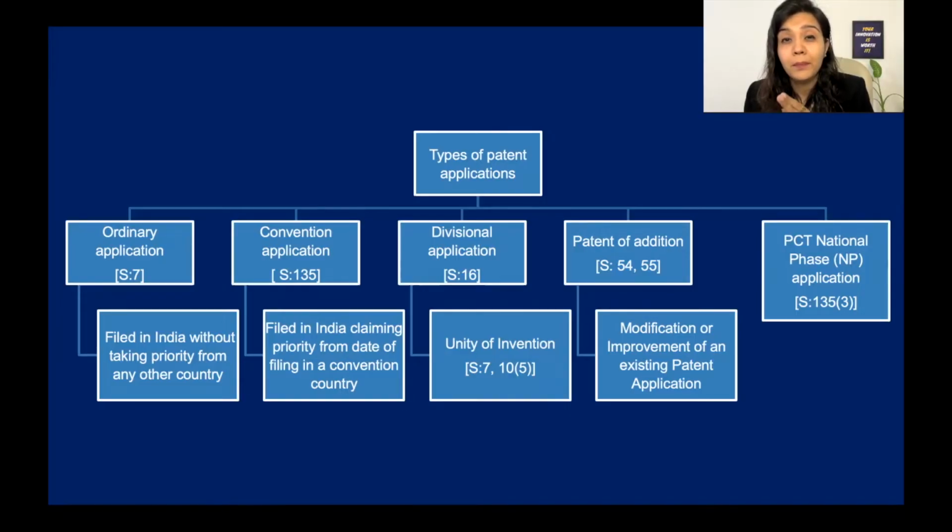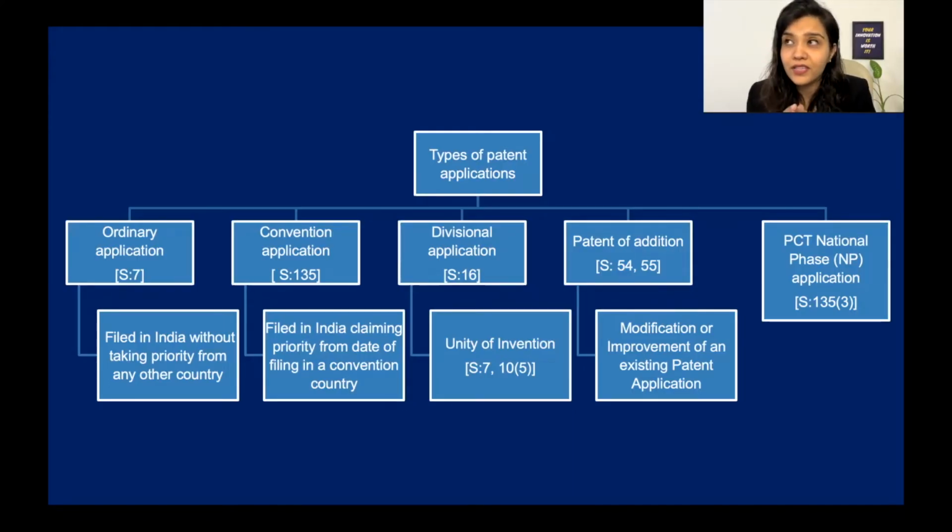Then the patent of addition, which ideally, if it is the subject matter of a separate patent, will die in 2044. But because it is a patent of addition, it will die with the main patent application. That is, it will die in the year 2043 only. So a patent of addition always dies with the main patent application.